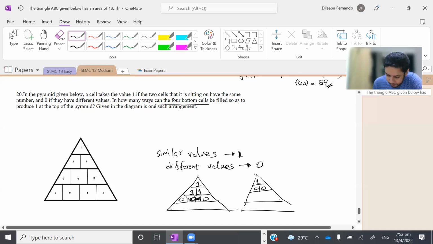If you observe that, it means you start from the top. So top should be 1. For the top to be 1, the next layer can start with either 1 or 0. Whenever it starts with 1, all the rest of the values in the cells can be determined.